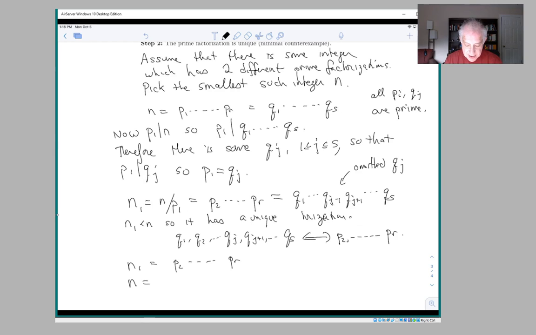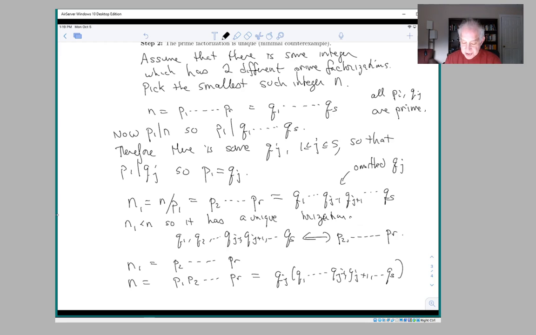So n, which is equal to p1, p2 up to pr, is equal to qj times q1, up to qj minus 1, qj plus 1, up to qs.